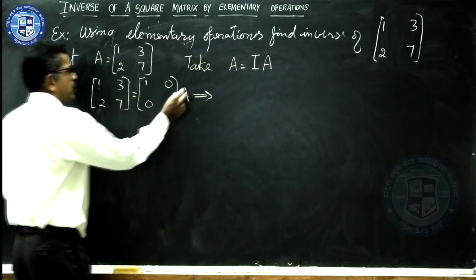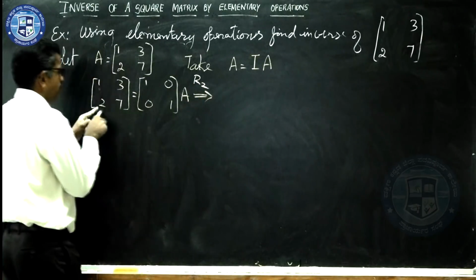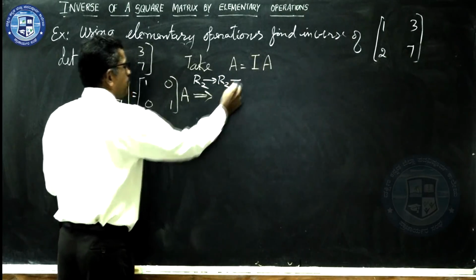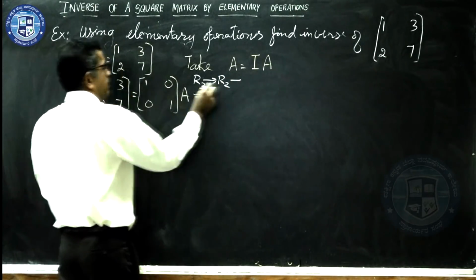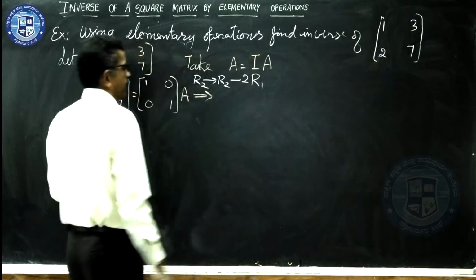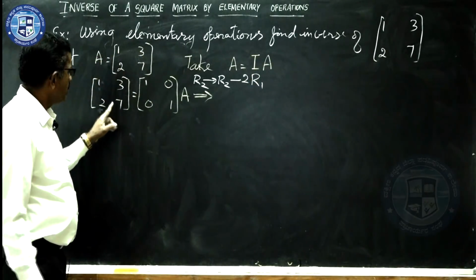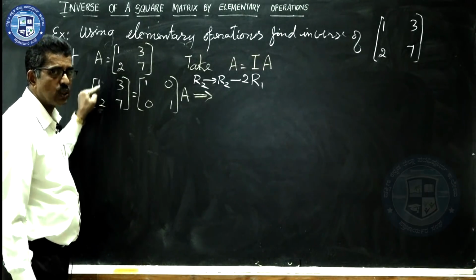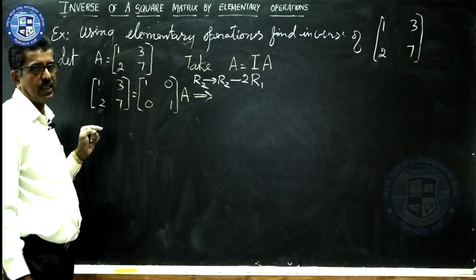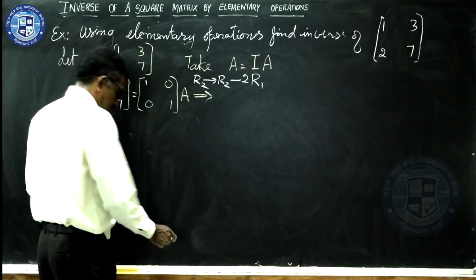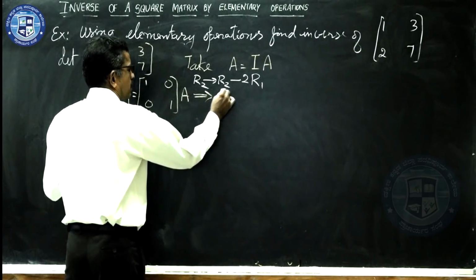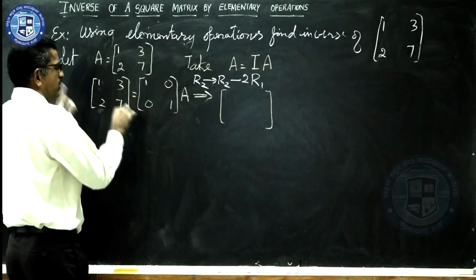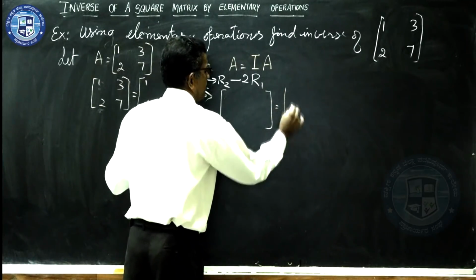Non-diagonal elements, how can they be made 0? I'll go with the operation R2 minus 2 times R1. How can you plan that? We have this element is 2 here, 1. 2 times 1 is 2, 2 minus 2 will be 0, that is how we can make this element 0. Now, the first row does not change, as I have told earlier.